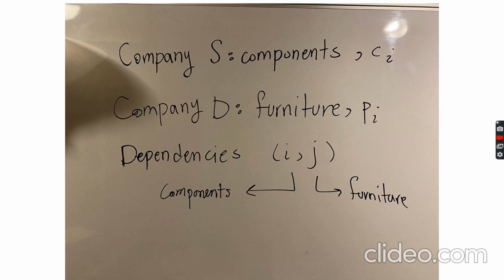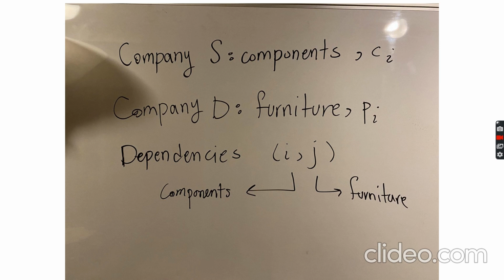Company D produces furniture and it gains the profit PI for furniture number I. There is also a company S that produces components necessary to build those furnitures, and the cost of buying component I from company S is CI.